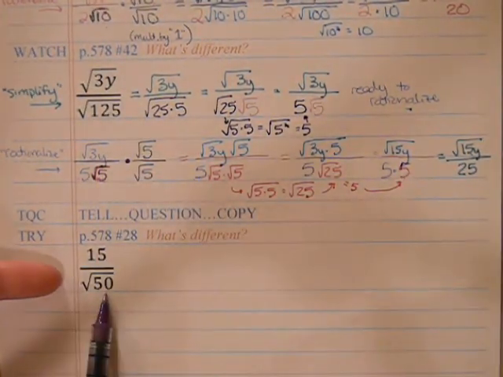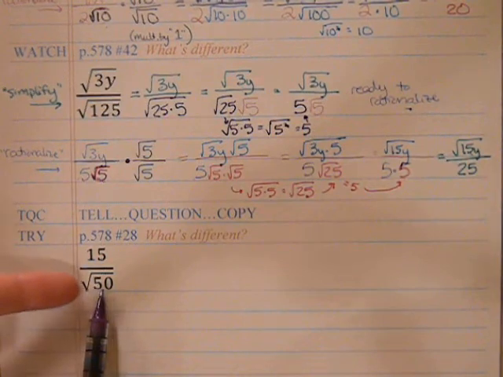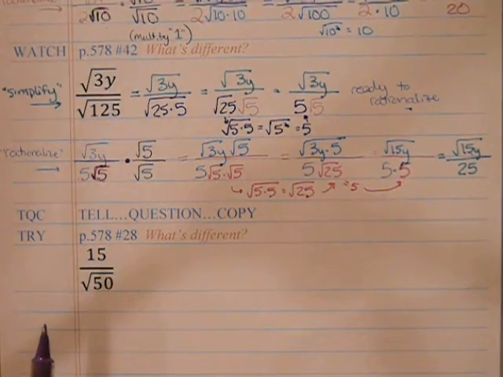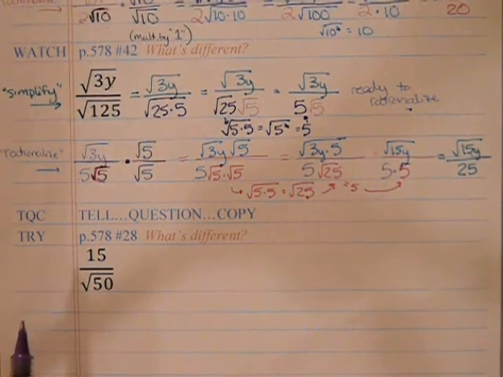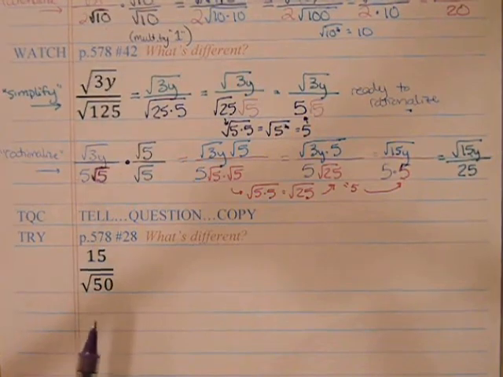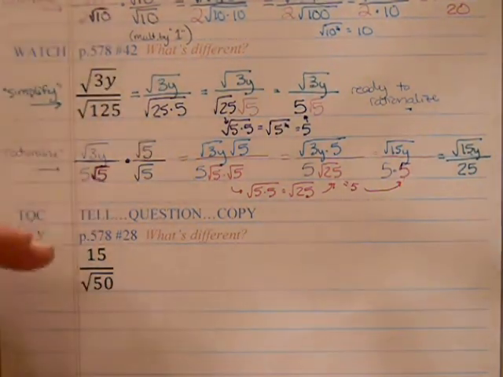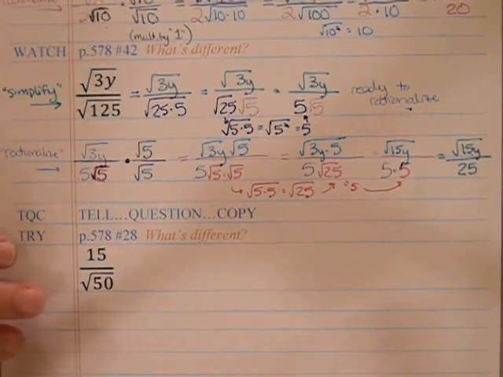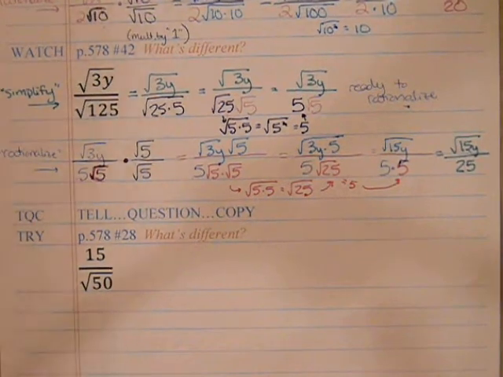So the suggestion here: try to simplify radical 50 first, get it as small as possible, pull out any perfect squares that you're able to take the square root of. Okay, so copy what you've seen on this page, talk someone through it, note any questions, bring them to class, and then pause the video so you can try number 28 on your own.